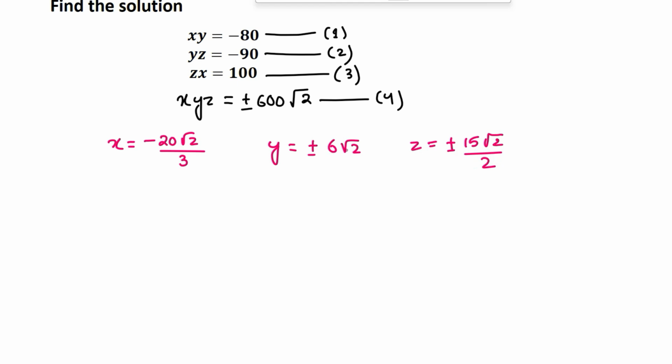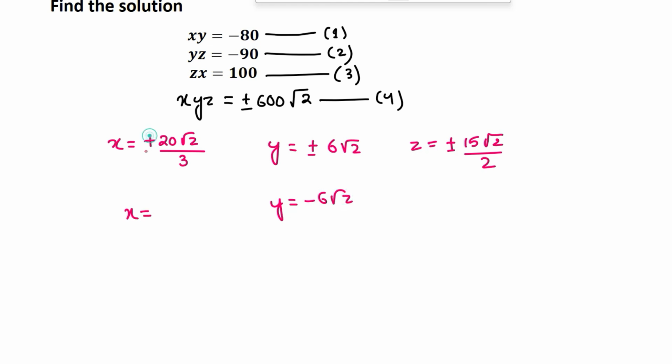Now in the next step we'll check for which values of x, y and z all three equations are satisfied. Here you can see that xy equals minus 80. So in the first set of solutions, I'll take y equals minus 6 root 2.